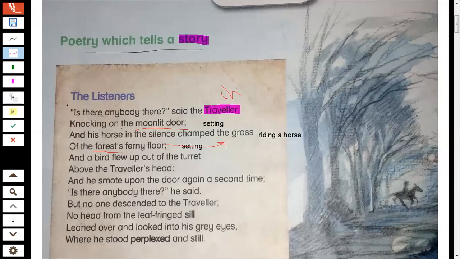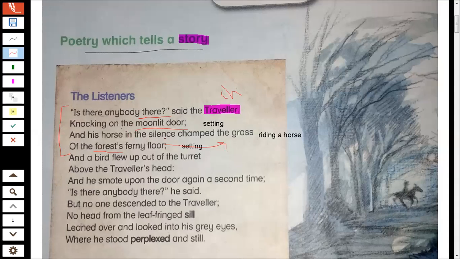Now, this idea of being heavily covered with grass shows you something. He said before, "Is there anybody there?" So it means he couldn't see anyone. And down, "his horse in the silence." We agreed that since it's silent, it has two options: either no one is living there at all, or it's so late that no one is awake. And we said that we will know later.